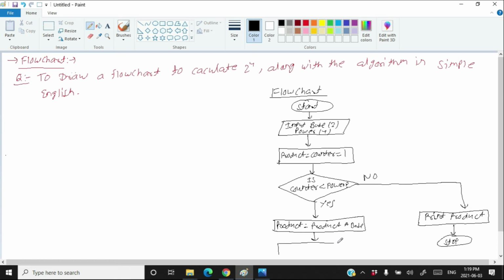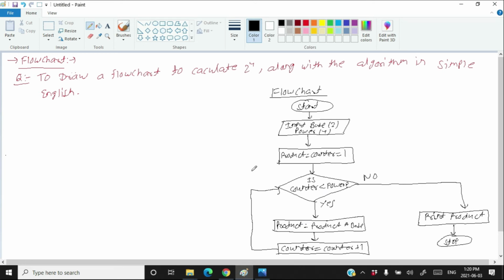Counter is equal to counter plus 1. Got it? And then just take this control and give it to this diamond box.